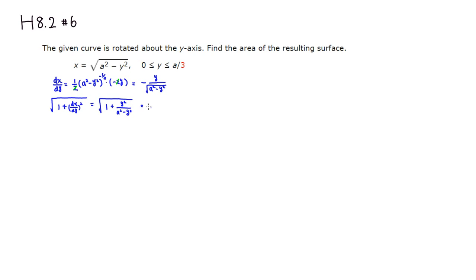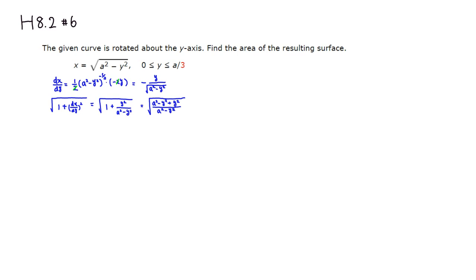Taking a common denominator, a squared minus y squared is the common denominator. So 1 is the same thing as a squared minus y squared over a squared minus y squared, plus y squared.